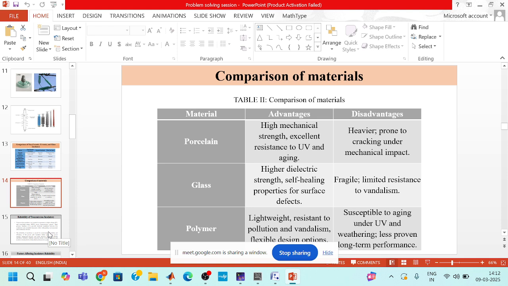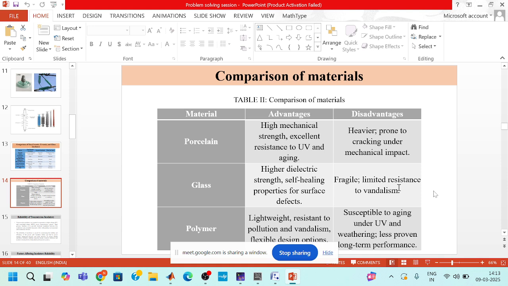Here we see the advantages and disadvantages of all three types of insulators. Porcelain insulators have high mechanical strength and excellent resistance to UV and aging, but their main disadvantage is that they are very heavy and prone to cracking when mechanical stresses are very high. Glass insulators have higher dielectric strength and self-healing properties for surface defects, but they are very fragile and have limited resistance to vandalism.